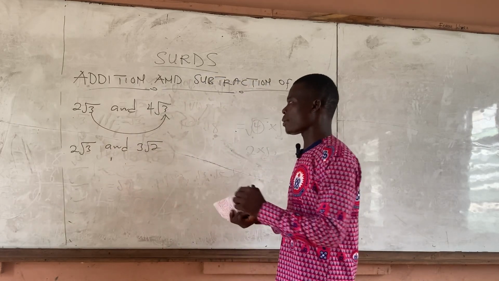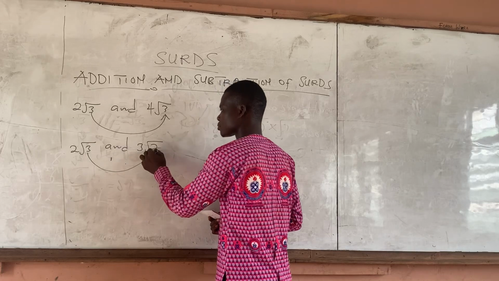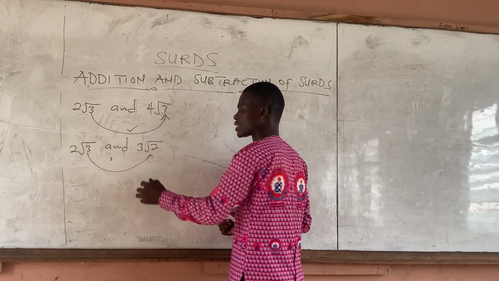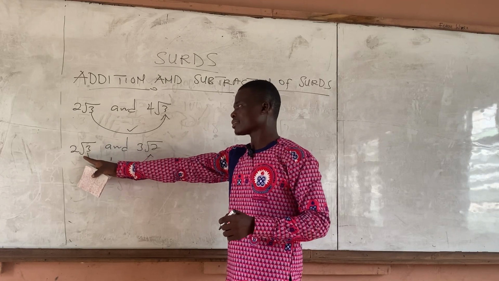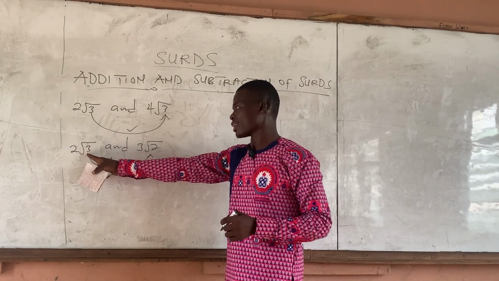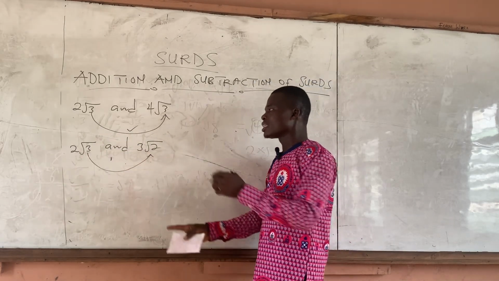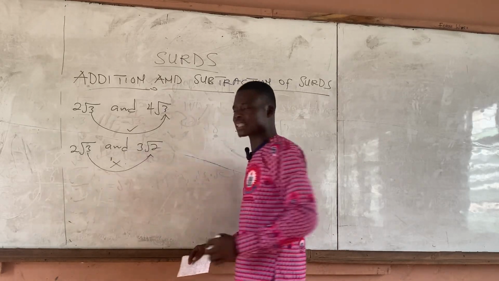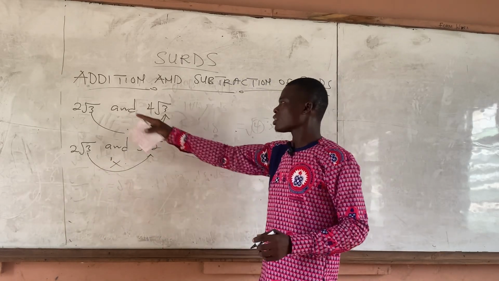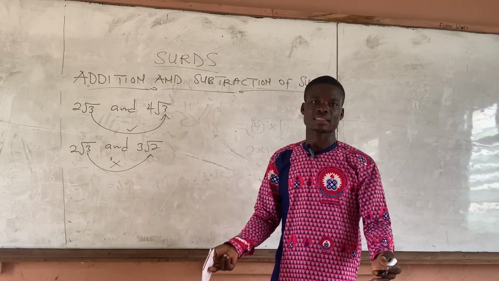For instance, 2 root 3 and 3 root 2. Let's check the numbers under the radical signs. The number under the first square root is 3 and the second one is 2. They are not the same, so they are unlike sets. In this case, we cannot add or subtract.